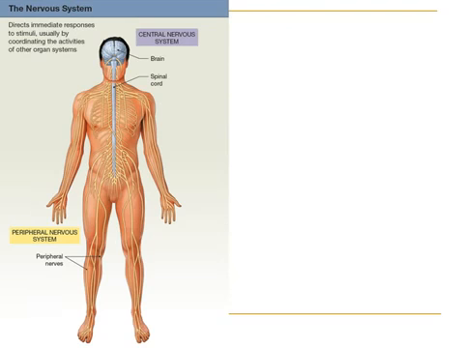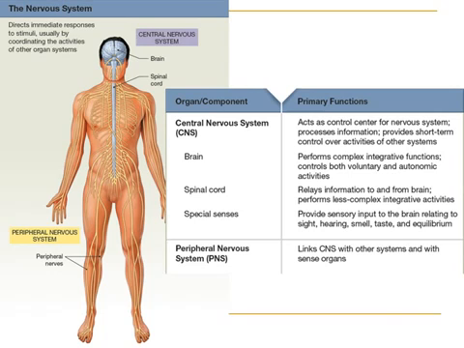We have another system, that is the nervous system. The nervous system can be classified into the central nervous system and the peripheral nervous system. The central nervous system acts as the control and integrative region of the body.